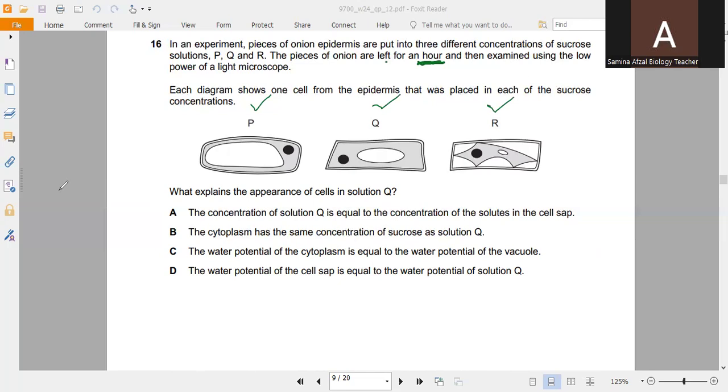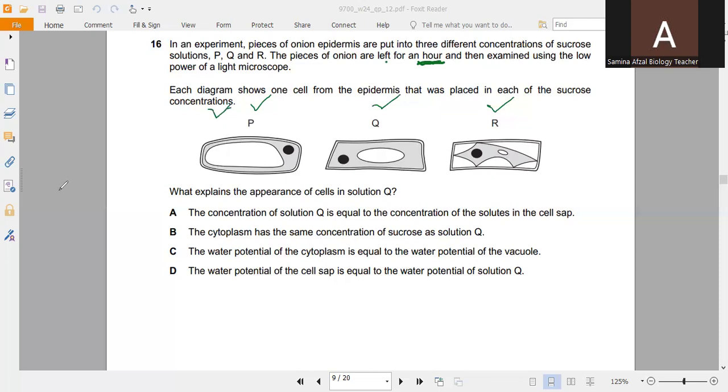So what explains the appearance of cell in solution P? And here, first of all, I am moving towards the concentration P. You can see the vacuole is larger as it is present in a normal cell. So you can see it is larger. So we can see that it is turgid.